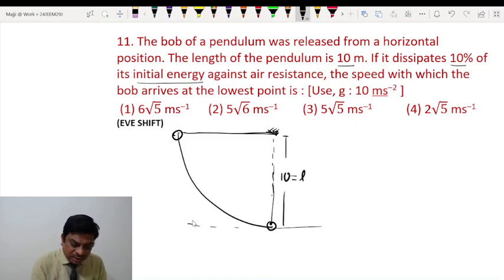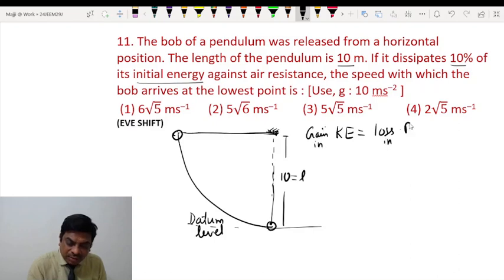Taking this as the datum level, we can write that the gain in kinetic energy is equal to the loss in gravitational potential energy.